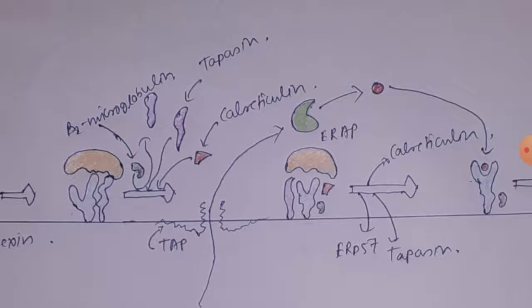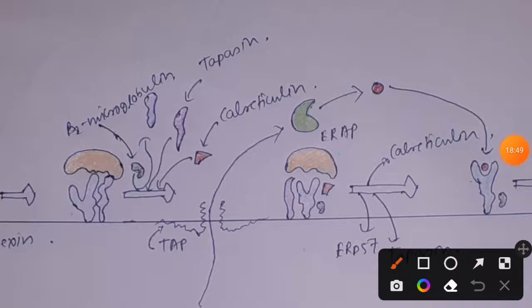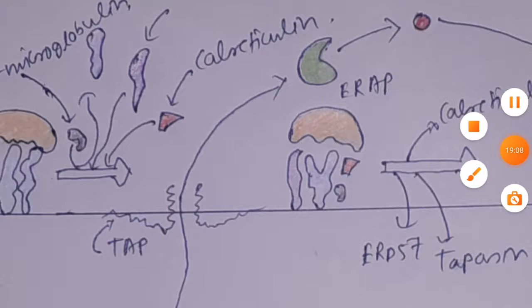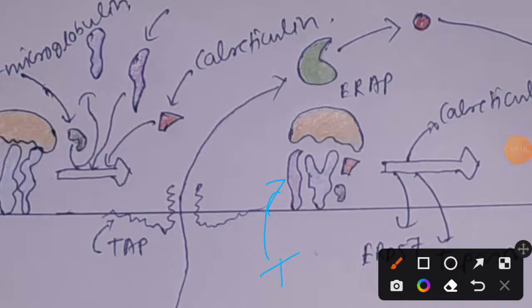Okay, and before that process, all the other proteins, for example ERP57, tapasin, and calreticulin, will all be removed. Okay, only beta 2 microglobulin and the MHC class 1 alpha chain will remain. Now another important thing to remember here is that the protein tapasin plays an important role. How? By its name it is easy to guess that tapasin means TAP associated protein.